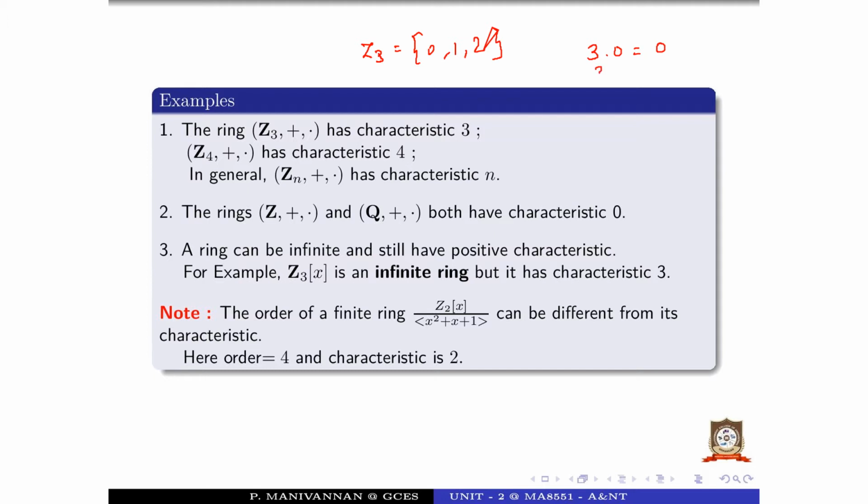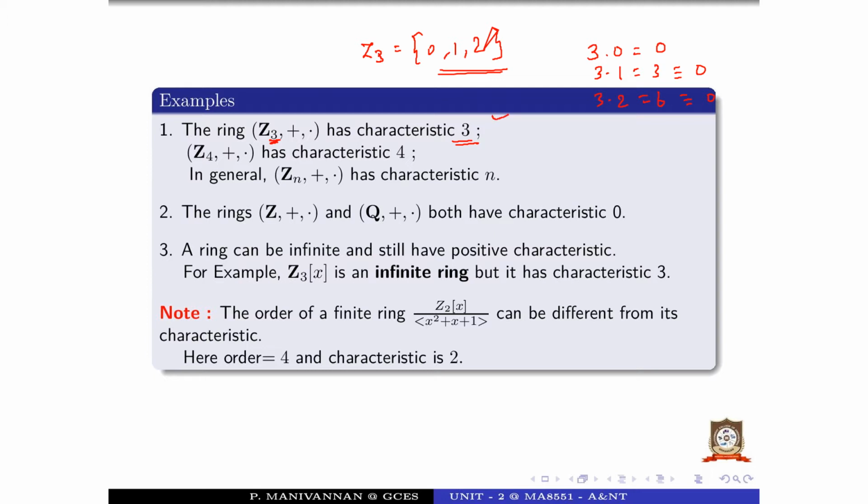Then 3 into 1 equals 3, which is equivalent to 0 under mod 3. Then 3 into 2 equals 6, which is equivalent to 0 under mod 3. Therefore, 3 times all the elements in Z3 is 0. Therefore, the characteristic of (Z3, +, ·) is 3.